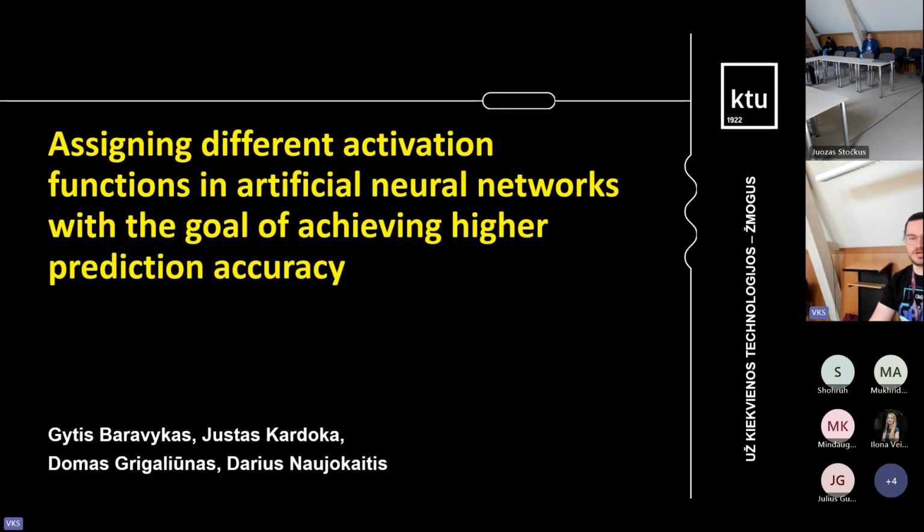I'm a student at TU University, and today I'll be presenting our research paper on assigning different activation functions in artificial neural networks with the goal of achieving higher precision and accuracy.